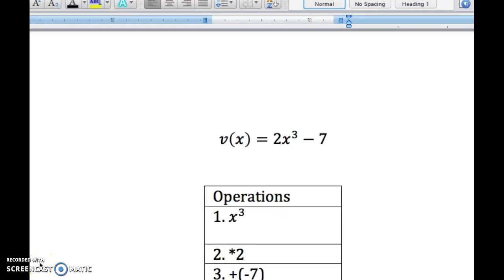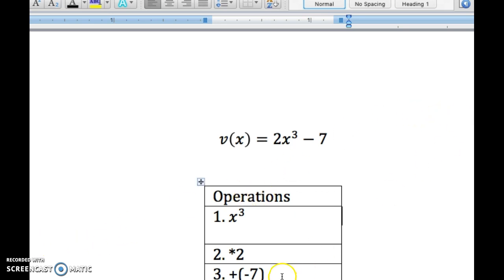All right, so I have v of x equals 2 times x cubed minus 7. As I decompose that function v of x, I get x cubed times 2 plus a negative 7.